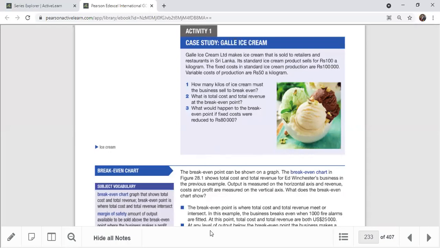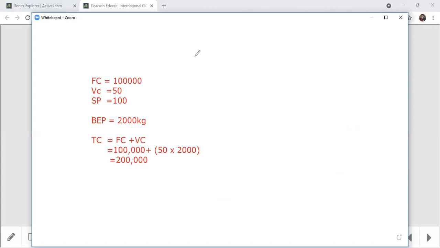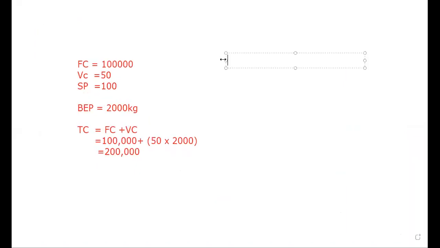Okay, what's the total revenue then at the break-even point? In the total revenue also we can calculate. I'll show you that also. Total revenue, TR, what's the formula? Price into quantity. So you can see total revenue here. Price they are selling is 100 per kilogram and quantity is 2000.